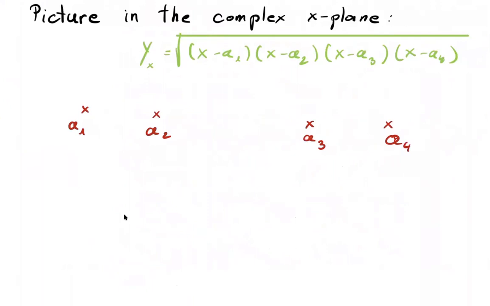So that was what this looks like if I look at the real picture. What do I get if I look at it from the complex point of view? So now A1, A2, A3, A4, while they may still be real, could even be complex.